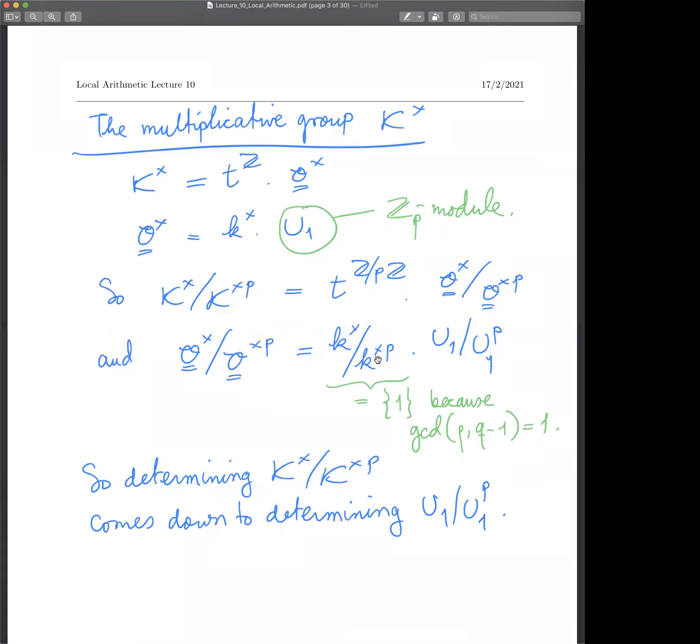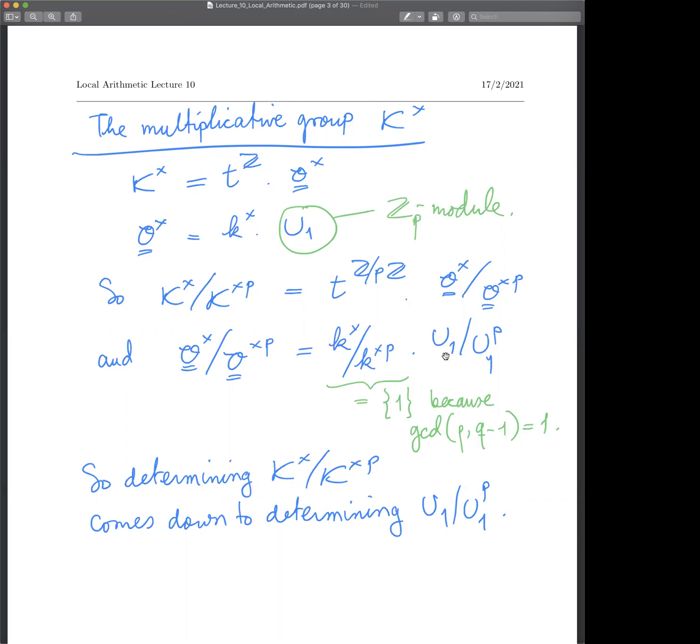So when I raise everything to the pth power, and p is prime to q minus 1, raising to the power p is actually a bijection, an isomorphism of this cyclic group, and therefore k star to the power p is actually equal to k star as a subgroup. And therefore the quotient is trivial.